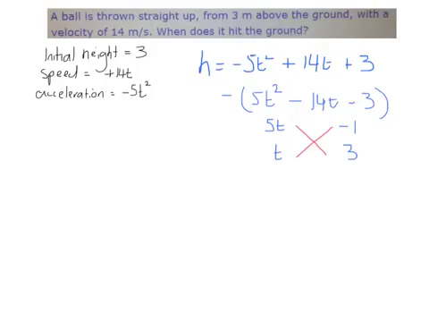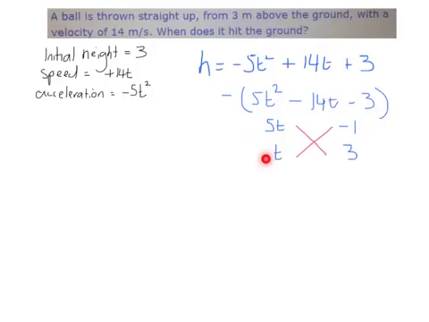Okay, moving on. Negative 3 can be factorized as negative 1 and 3, or negative 3 and positive 1. And 5t squared, 5 being a prime number, means that we can only factorize that as 5t and t.